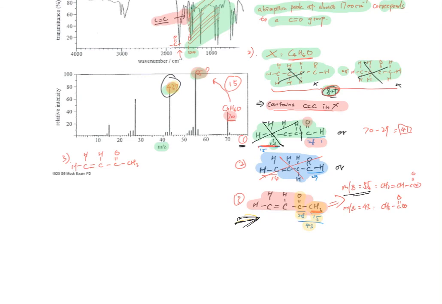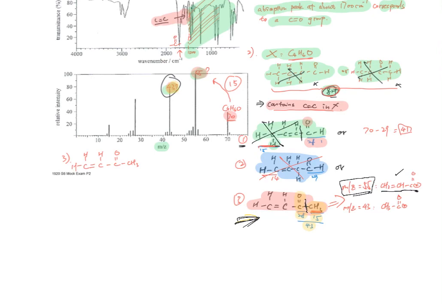For number 3, mass-to-charge ratio equal to 55: what is the fragment species? You need to draw it. It loses 15, so this bond should break, and the remaining part is the left-hand side: CH2=CH-C=O, and positive. Don't forget the positive. This is the peak at mass-to-charge ratio 55.